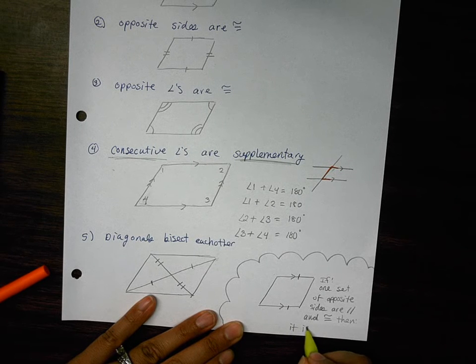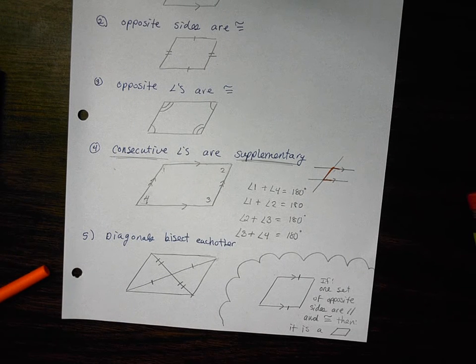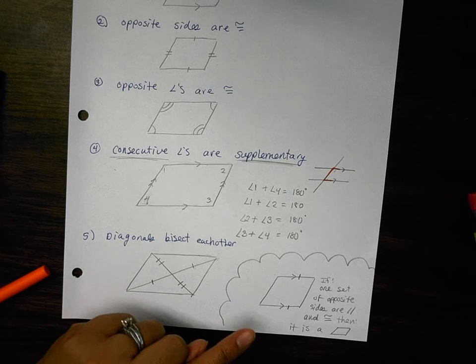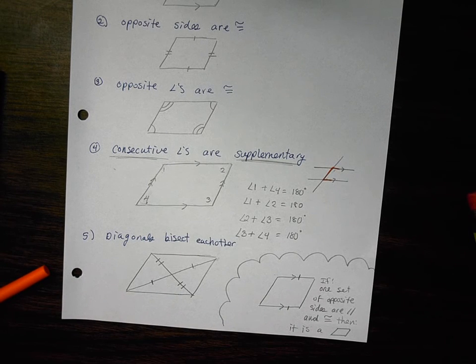If one set of opposite sides are parallel and congruent, then it is a parallelogram. All right, and we are going to use that today. Again, it's not a property, it's a, if you can prove. If you can prove that one set of opposite sides is both parallel and congruent at the same time, then the whole thing is a parallelogram. Questions?